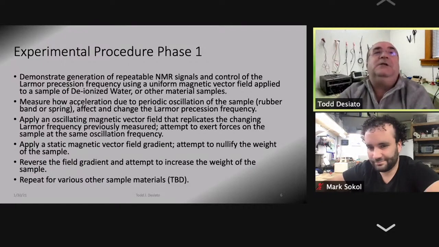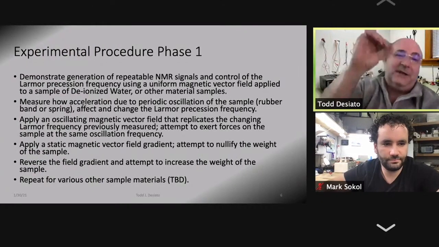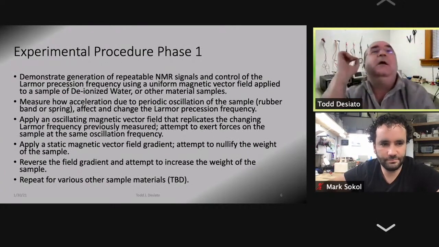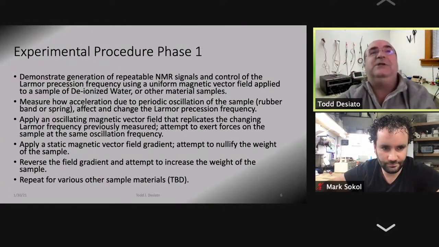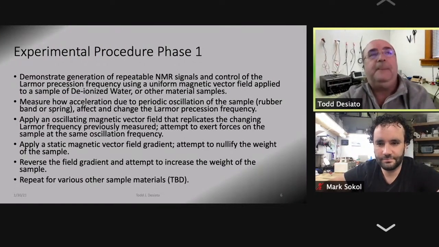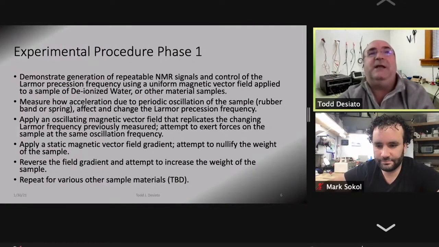Measure how acceleration due to periodic oscillation of the sample, like bouncing the sample on a spring or a rubber band, affects the change in the Larmor precession frequency. Then apply an oscillating magnetic vector field that replicates the changing Larmor frequency previously measured in an attempt to exert forces on the sample at the same oscillation frequency.